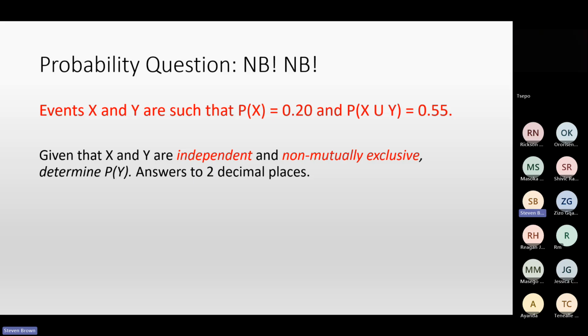So they'll say to you events X and Y are such that probability of X is 0.2 and probability of X union Y, or the addition, is 0.55. Given that X and Y are independent and non-mutually exclusive, determine P(Y). Answer to 2 decimal places.